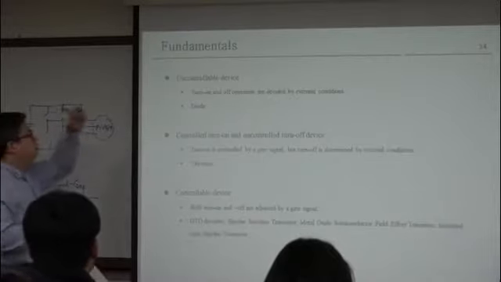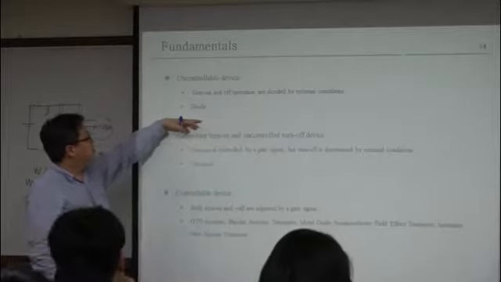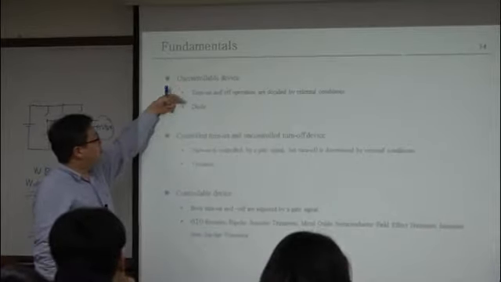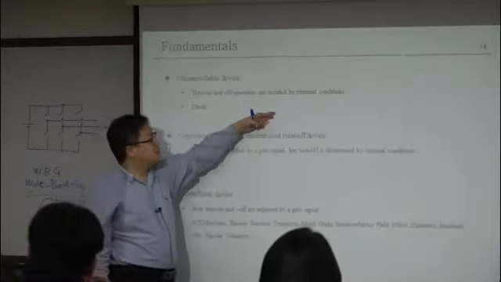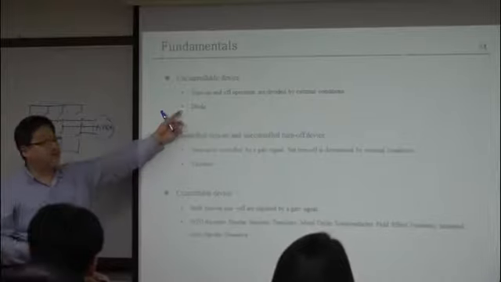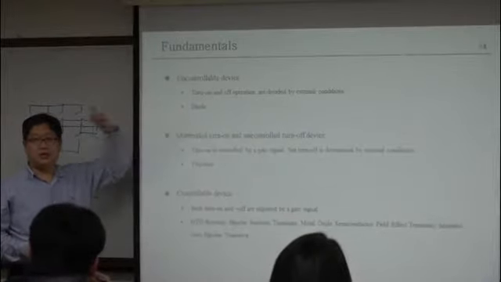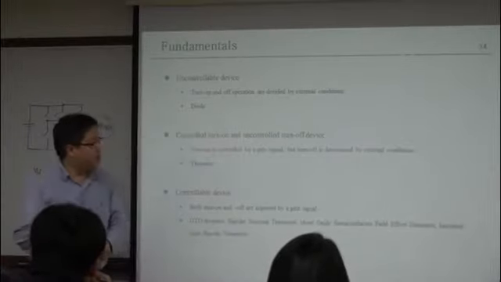First, uncontrollable device. For the uncontrollable device, turn on and turn off operation are decided by what? External circuit condition. For example, the diode. And controlled turn on and uncontrolled turn off device.